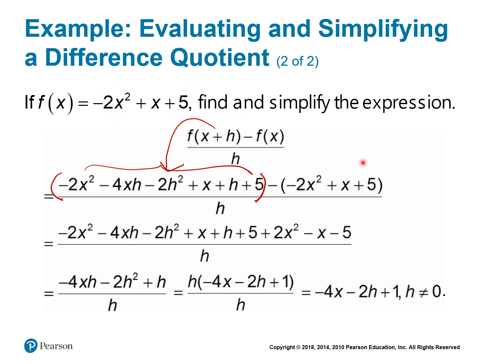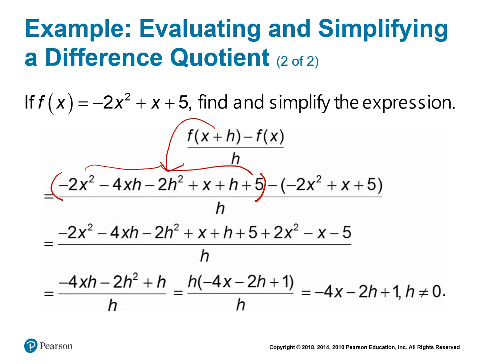So they've written that out here. Now they have taken everything out of the brackets. So minus times minus 2x squared becomes a plus 2x squared. Minus times x is minus x, minus times positive 5 is minus 5. The signs change over here, and now we see what we can combine.